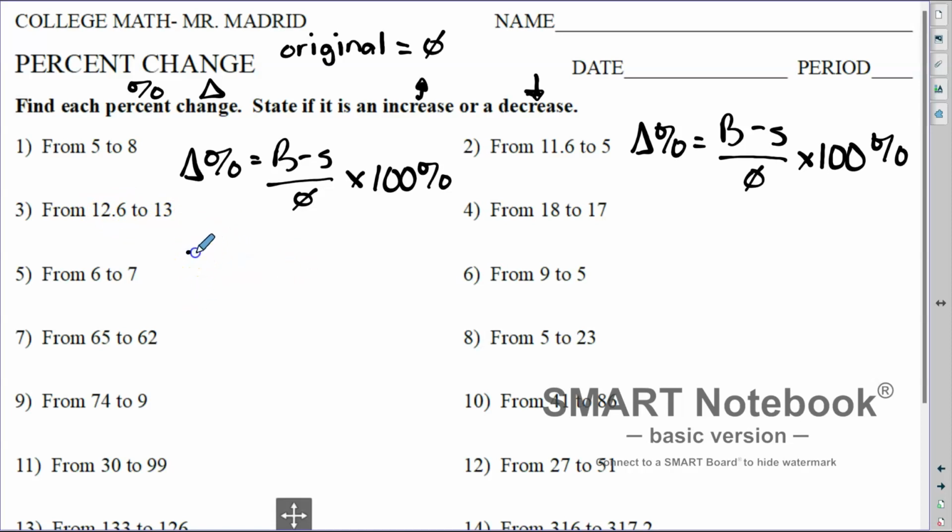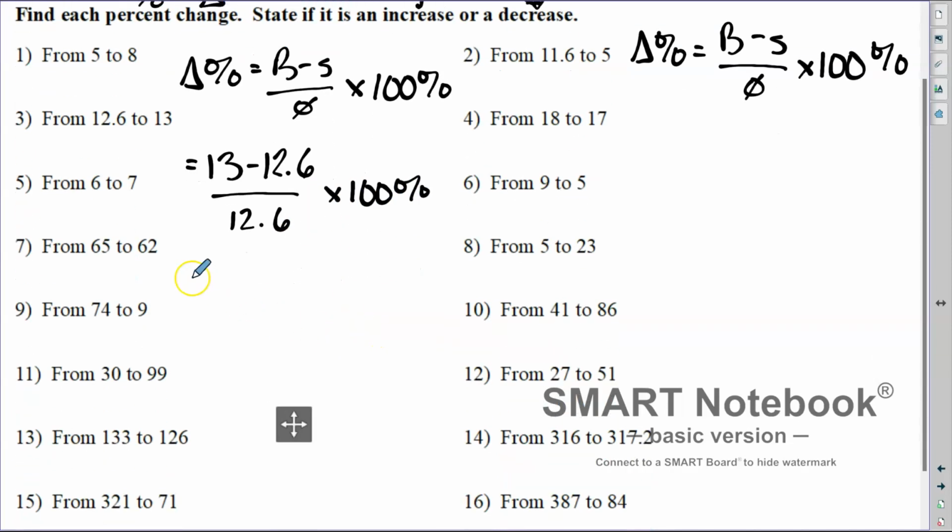So I'm going to put 13 is bigger minus 12.6 over the original amount. So now what do I do? I do the math. I get 0.4 over 12.6 times. I'll do that after I do this.